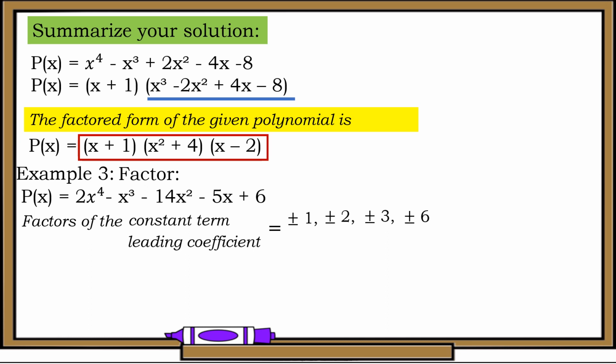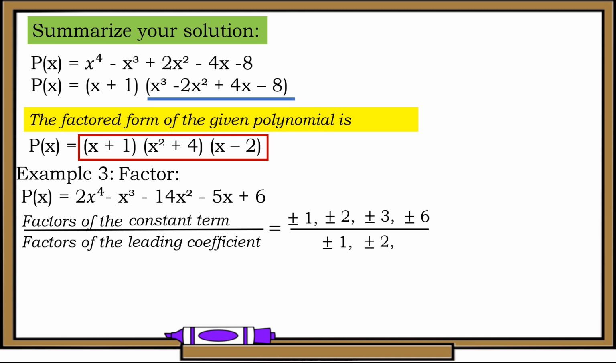Ang leading coefficient natin, yun yung numerical coefficient ng pinakamataas na exponent. Ang pinakamataas na exponent natin ay 4. Kaya ang leading coefficient niya ay 2. So, what are the factors of 2? The factors of 2 are positive, negative 1, and positive, negative 2.